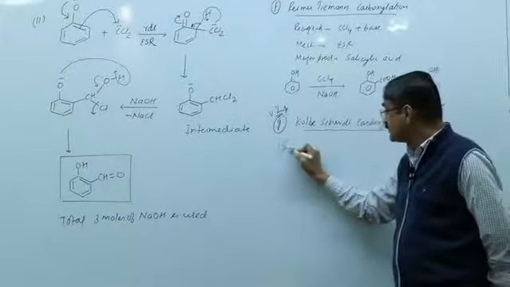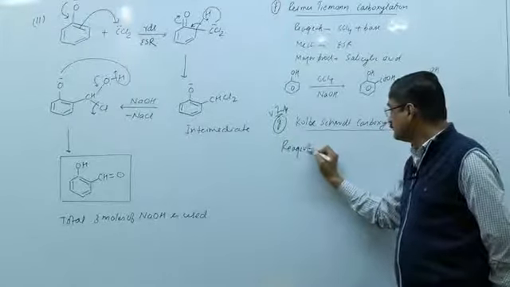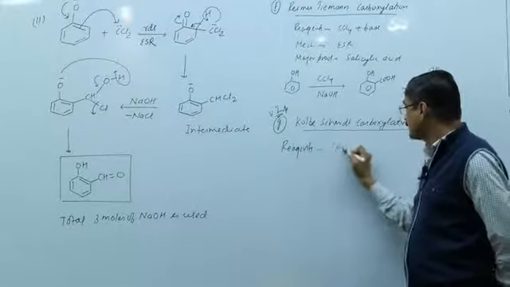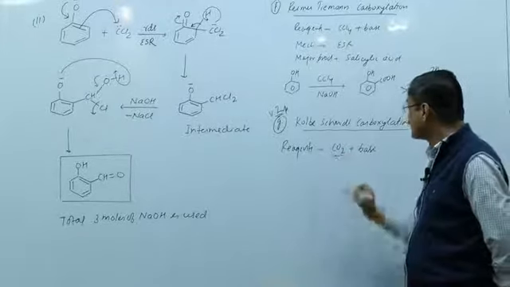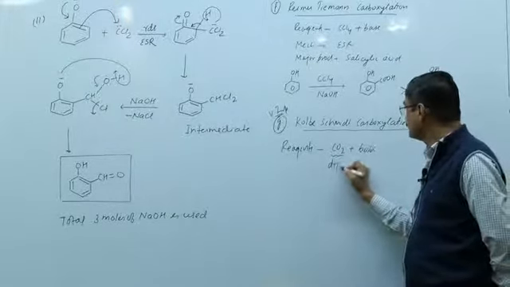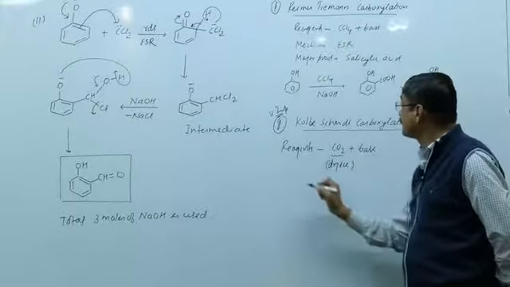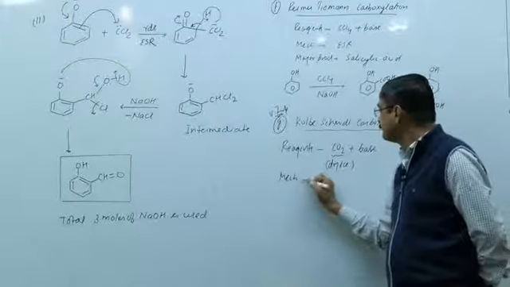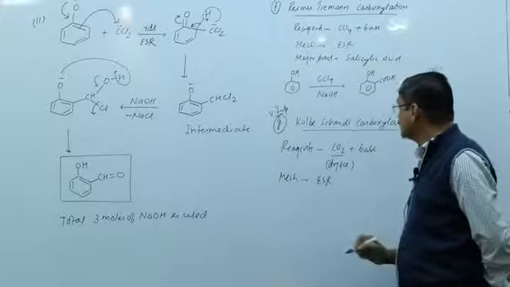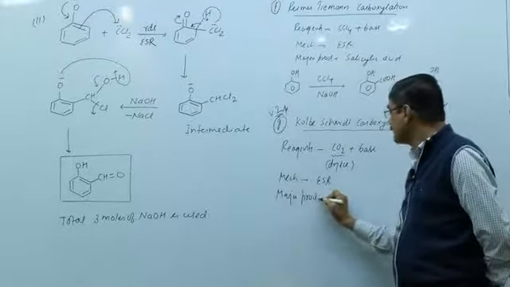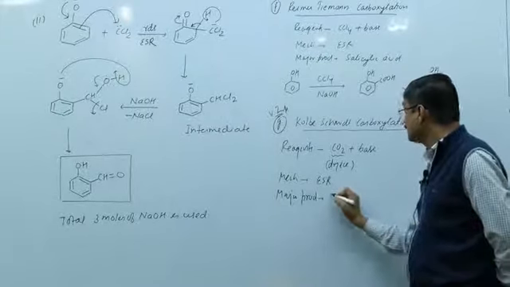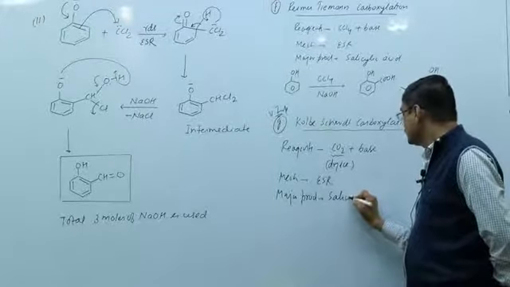So reagents for this reaction are carbon dioxide plus base. Carbon dioxide is also known as dry ice. Mechanism is very similar, ESR reaction. Major product is again similar. This is salicylic acid.